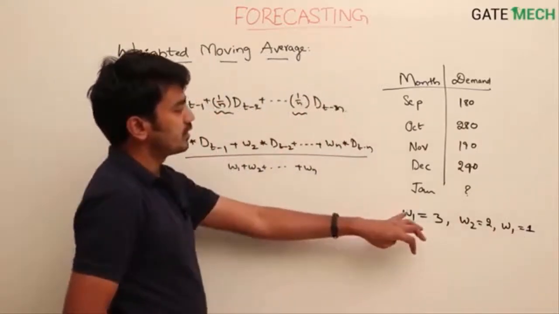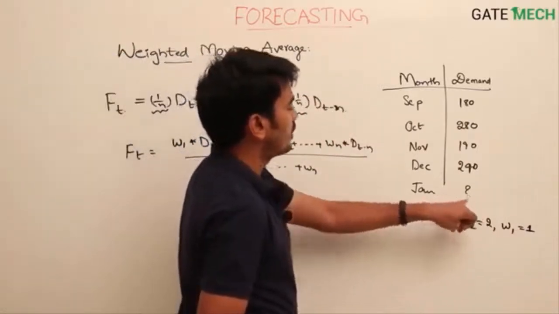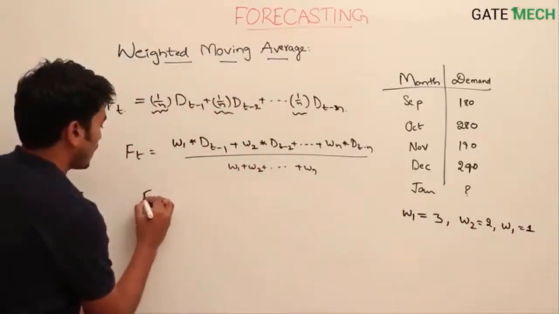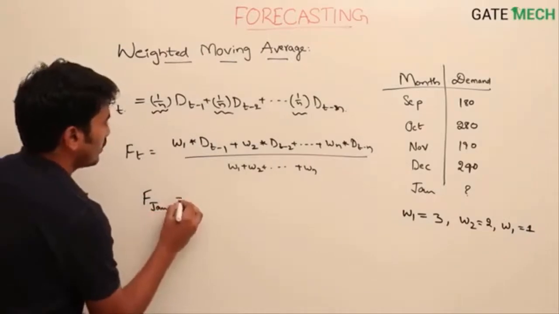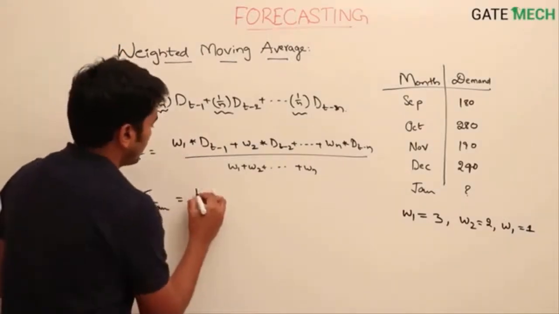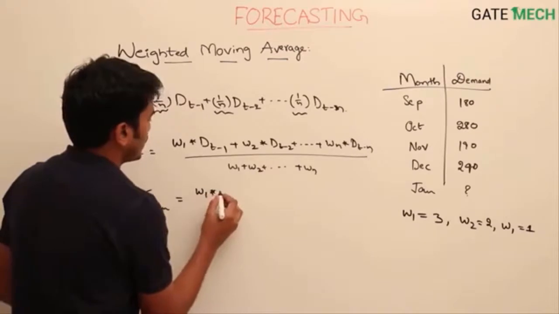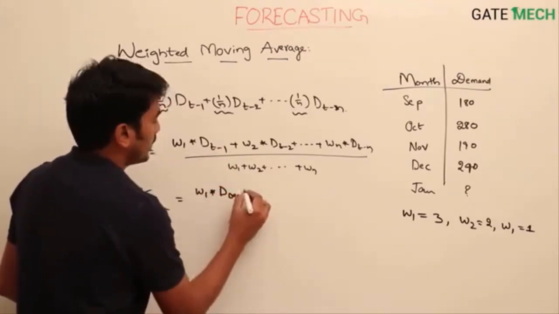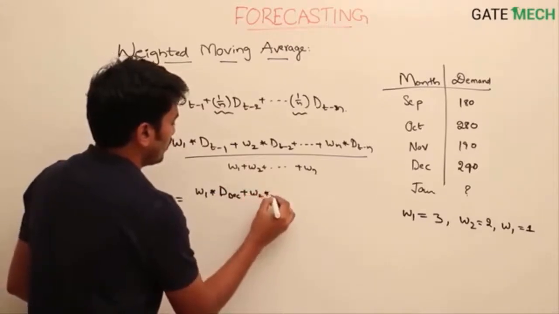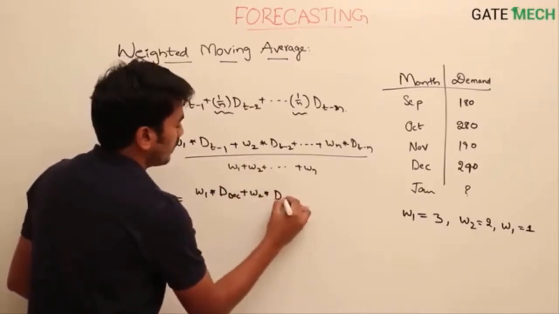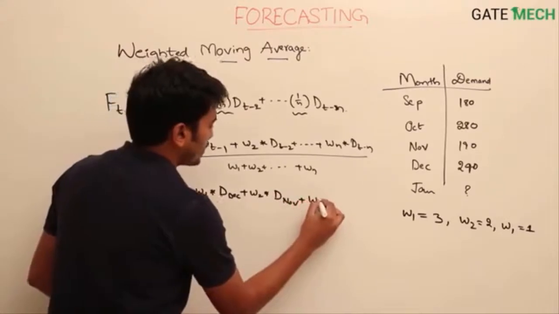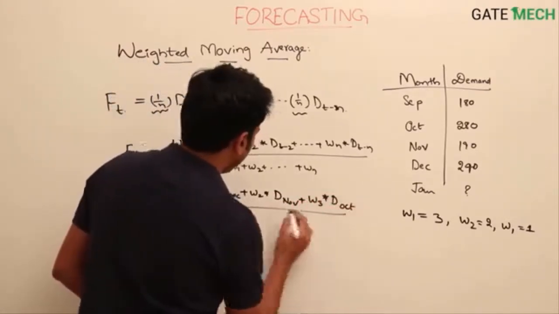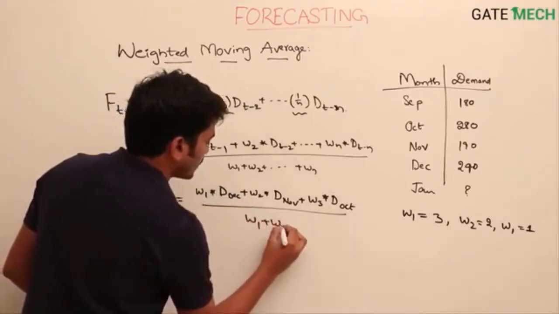So now let us calculate the weighted moving average for the month of Jan using this expression. The forecast for the month of Jan will be equal to weightage 1 into December demand plus weightage 2 into November demand plus weightage 3 into October demand, divided by the total weightage.